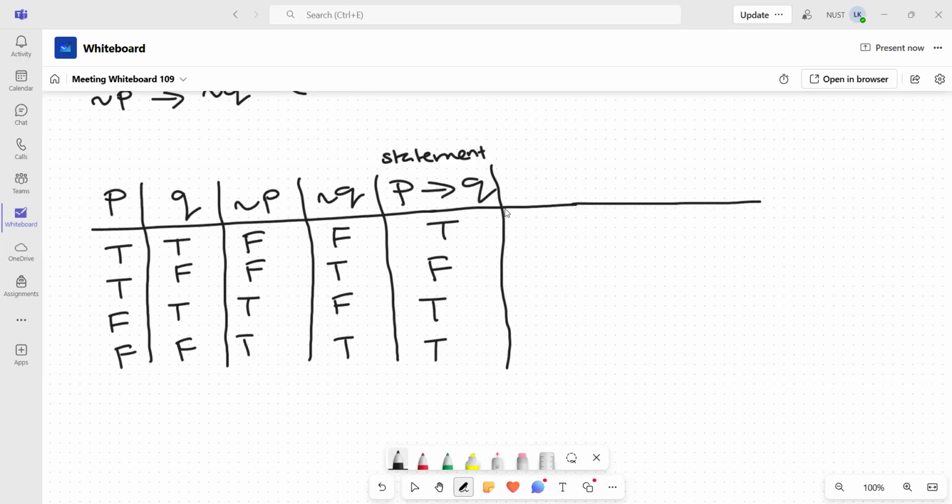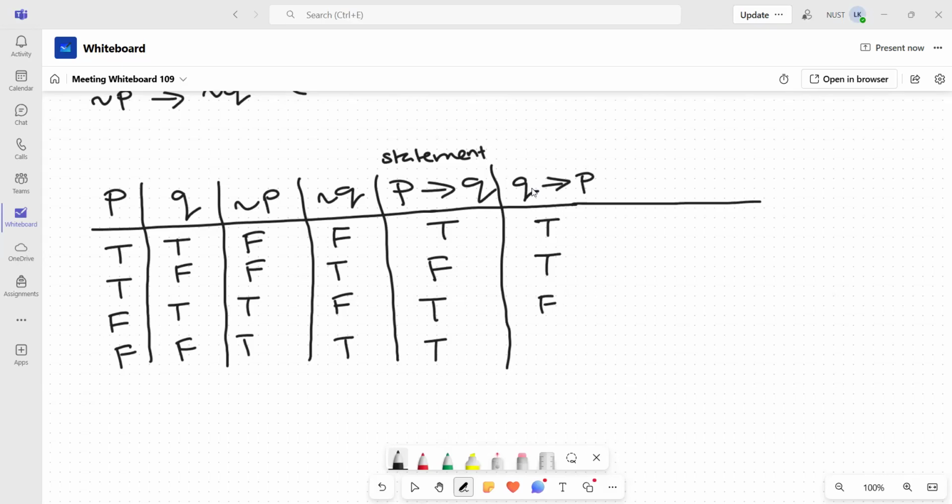Okay, so if this is our statement, then we have the converse. The converse means the arrow switches, so you have Q implies P. If Q is true and P is true, then it is true. But if Q is false and P is true, then this is true. If Q is true and P is false, this is false.